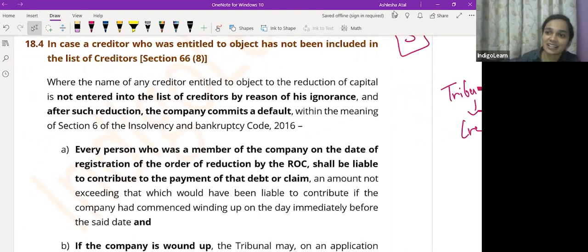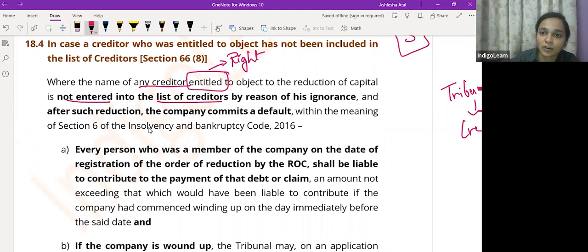So let's understand it. Basically says that where the name of any creditor who is entitled to object, matlab who has got the right to object the reduction in share capital, is not entered in the list of creditors by reason of his ignorance, and after such reduction the company commits a default within the meaning of section 6 of IBC. IBC is Insolvency and Bankruptcy Code.